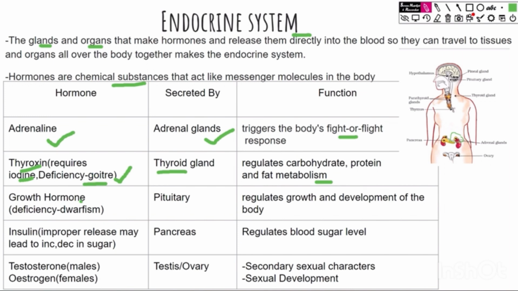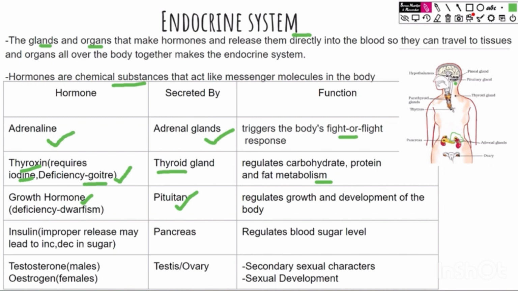Next is the growth hormone, which is released by the pituitary. Pituitary is also called the master gland because pituitary not only releases hormones but pituitary acts as a stimulant. It releases various hormones which act on other organs to release some other hormones. For example, you can see pituitary is present in our brain.